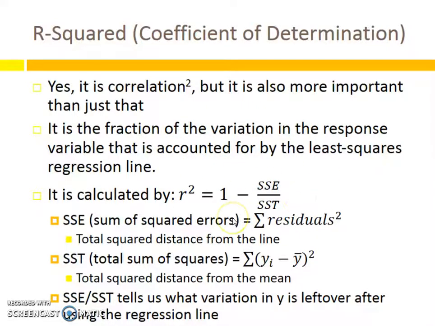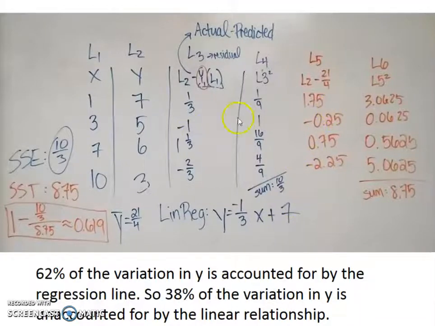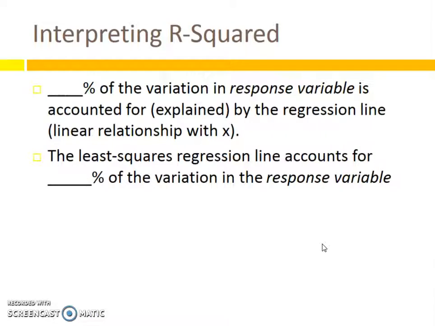Now, there's a big fancy formula for how you were to do it by hand. I'll never make you do it by hand. Okay? What would it look like if you were trying to fill it out by hand? Something like this. Kind of ugly, so I wouldn't make you do that. If you know R, you just square it to get R squared. It's also in your calculator output when you calculate R.